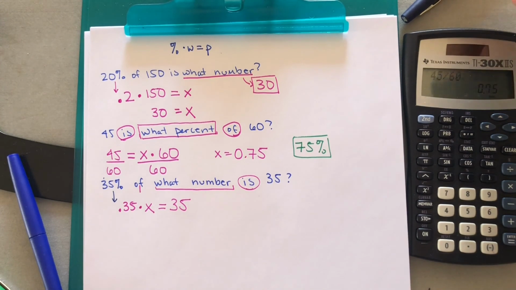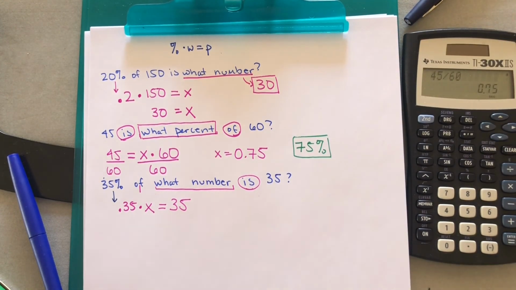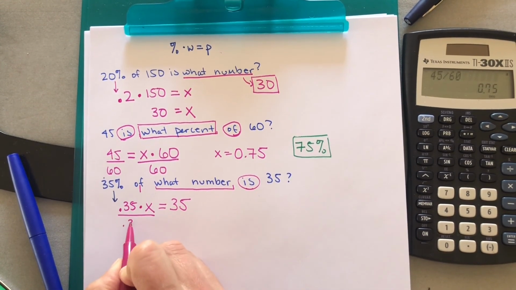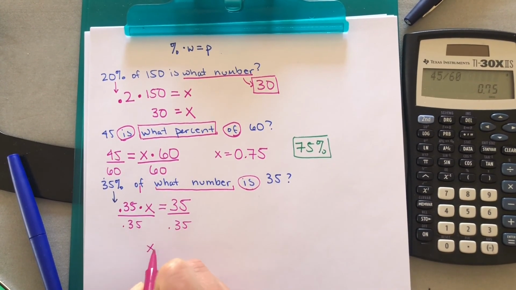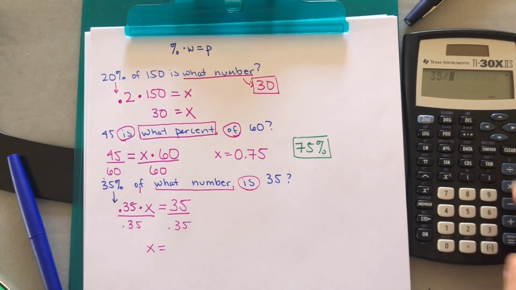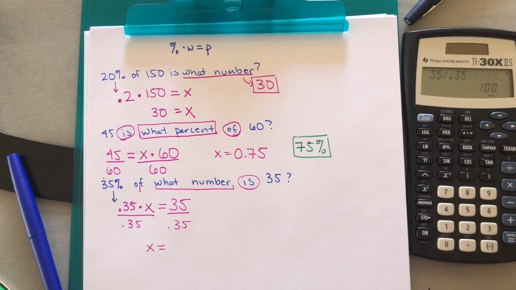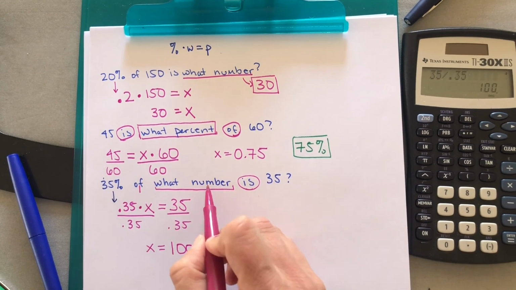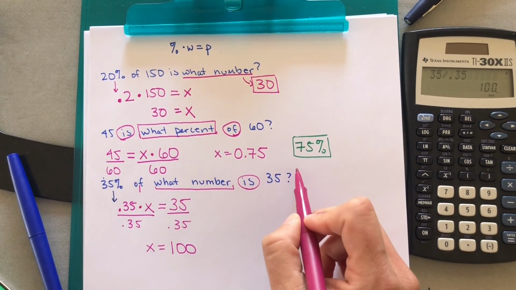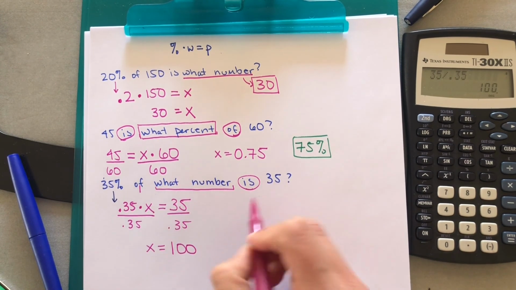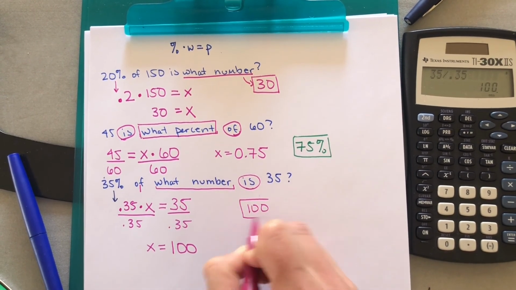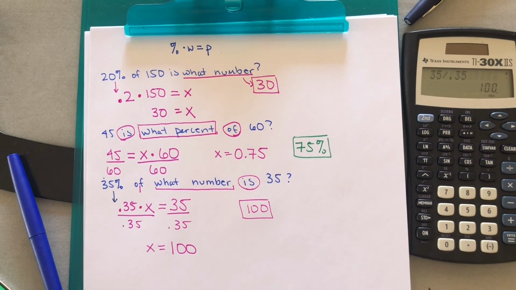Now I'm going to solve my equation by dividing both sides by 35 hundredths. x equals 100. So 35% of 100 is 35, which makes sense. By putting that answer back into the statement, we make sure that what we have is a reasonable answer to the question.